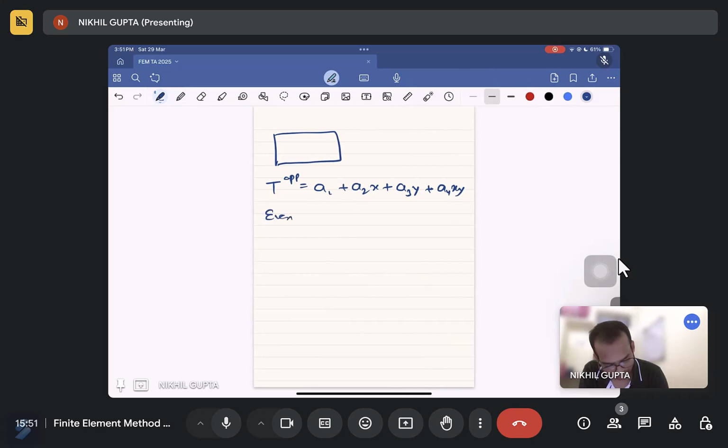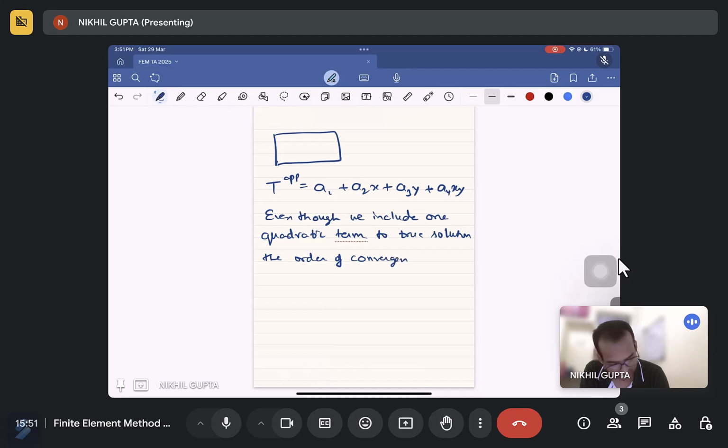Even though we include one quadratic term to the true solution, the order of convergence is still r square.